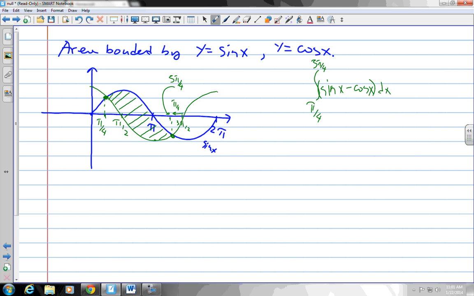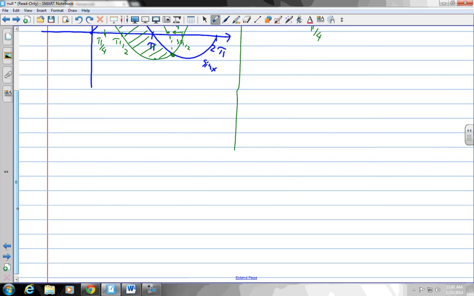Are we okay how we found those points? You can set it up, sine equals cosine. How would you solve that equation analytically without using the graphs? Does anybody remember?